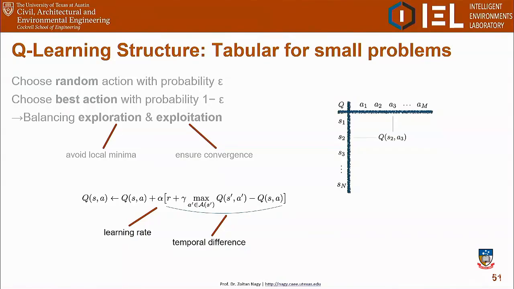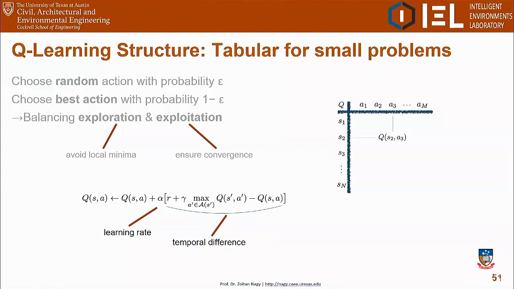So we have a learning rate, which will define how fast we want to make these updates. If we use a very high learning rate, then it should be harder to get stuck in a local minimum because the step size is higher. But then the updates will happen really fast, and this might lead to a lack of convergence of the equation that we iterate in order to find all the Q values in this table.